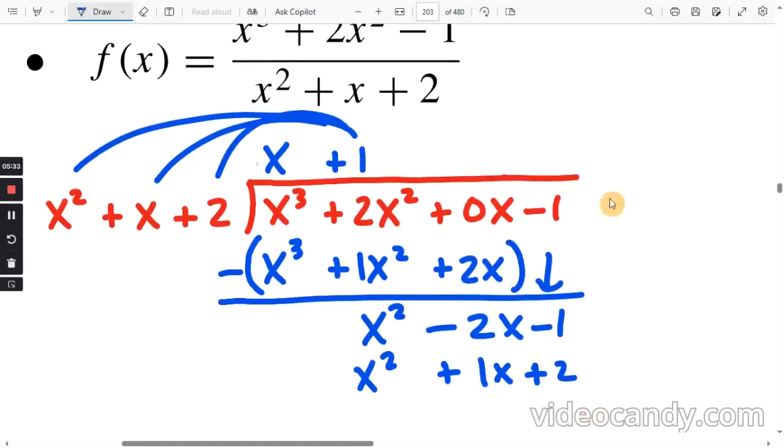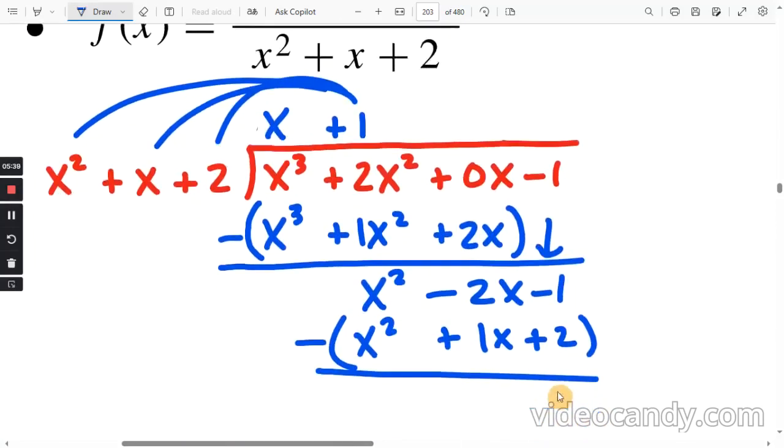All right, there is nothing left to bring down, and we can certainly subtract this if we wanted to, but that would just give us the remainder. All right, once we subtract it, and we said we're going to ignore the remainder. Okay, for the slant asymptote, you don't need it. You don't need the remainder.